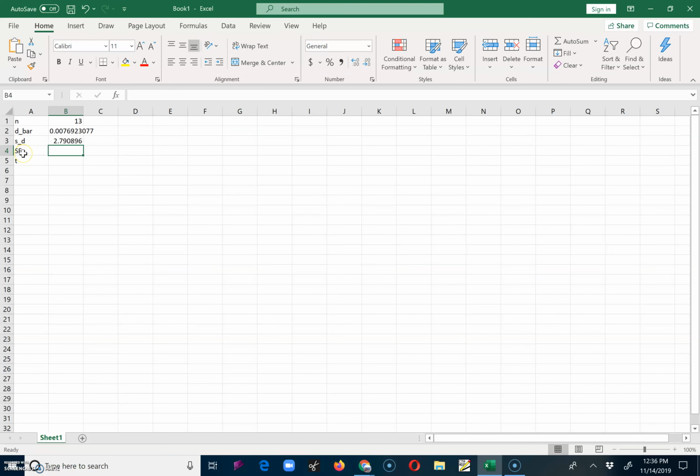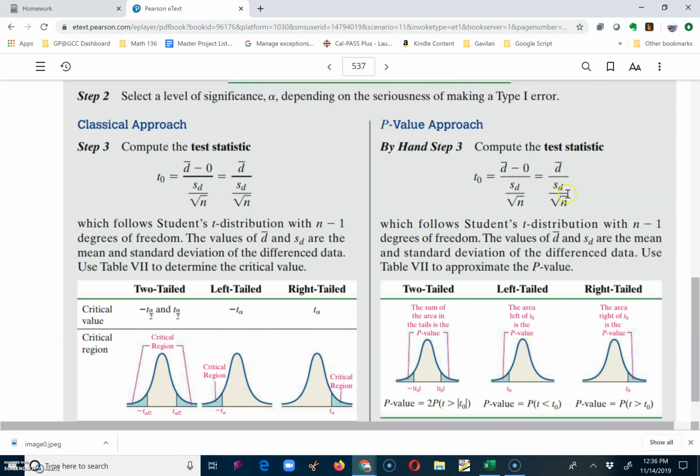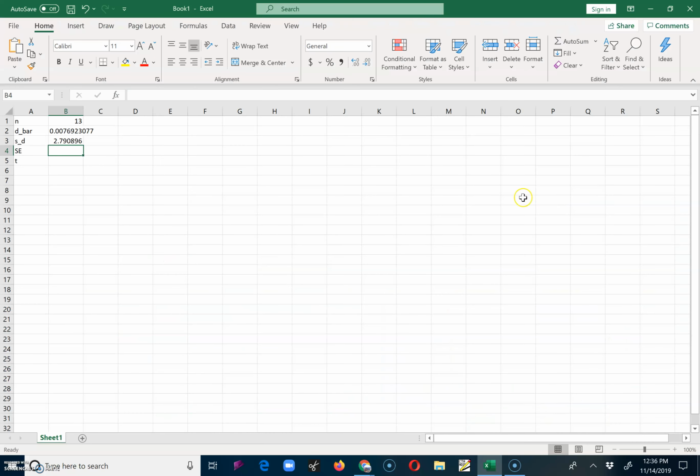And in order to compute this SE, which I've used to abbreviate standard error, that is this denominator. And that's coming essentially from the central limit theorem, that the standard error of the sampling distribution of means should be the standard deviation of the sample divided by the square root of the number of values. So I'm going to go ahead and type that in, equals that value divided by the square root of the number of values.